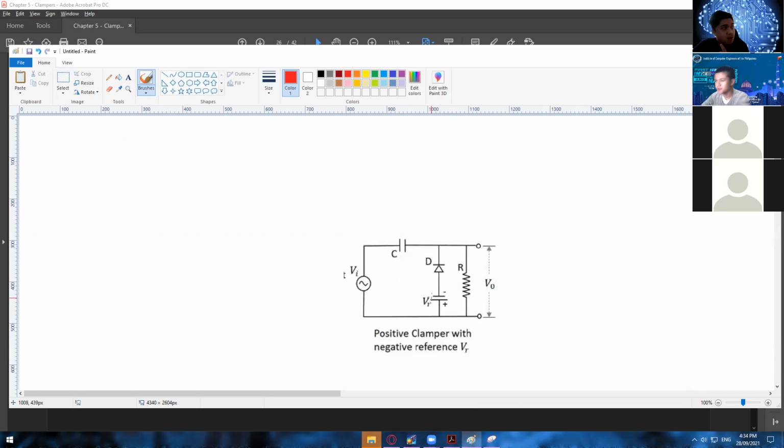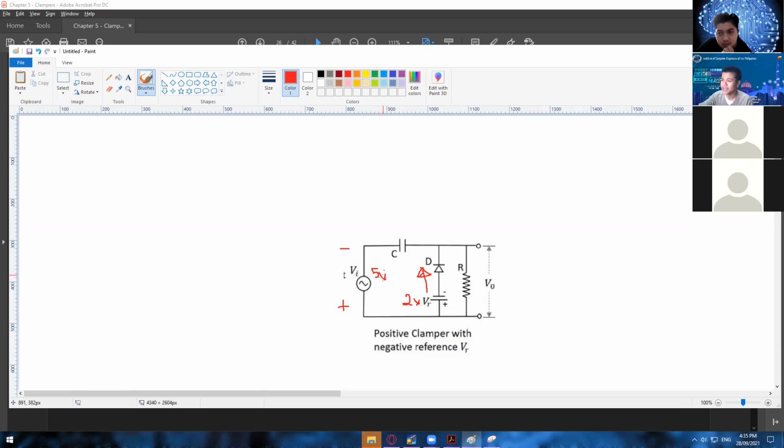Okay, so if you guys are going to take a look on this one, if we have this polarity, this will become a reverse bias, and then it won't be able to charge your VC right here, right? Since this one is a reverse bias. But during the negative half cycle, and VI is greater than VR, upon reaching the value of, let's say, kung ito man ay 5 volts, let's just assume that this one is 5 volts and this is 2 volts.